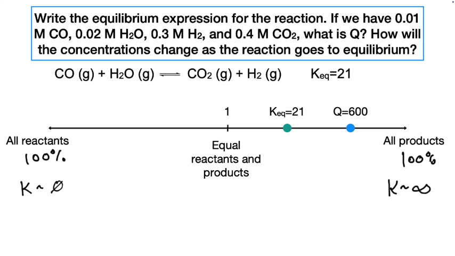So we're looking at a K that is really, really, really big, or a K that is very, very, very small. Okay? We would put our Q on the number line, we'd put our K on the number line and see how we would have to shift. If we're at 600 to get to K, what has to happen? I have to make more reactants. I'm sliding towards the reactant side of this line. Kind of make sense?